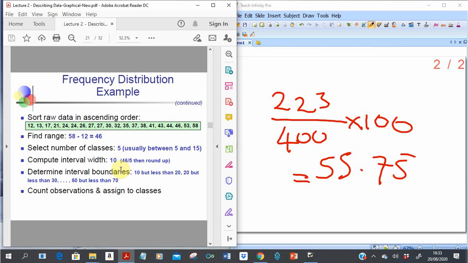So now, you also have to determine your starting point. Just make sure that all the data set falls within the 5 intervals. Here, we chose to start with 10. So we have 10 but less than 20, because to this 10 we add the class width, which is another 10, so we get 20.